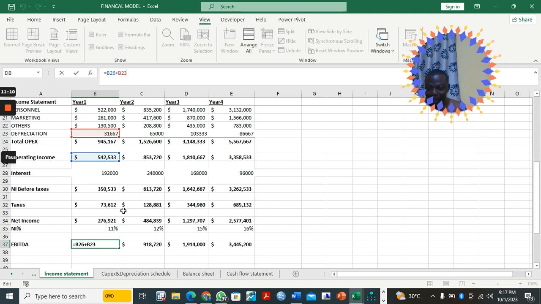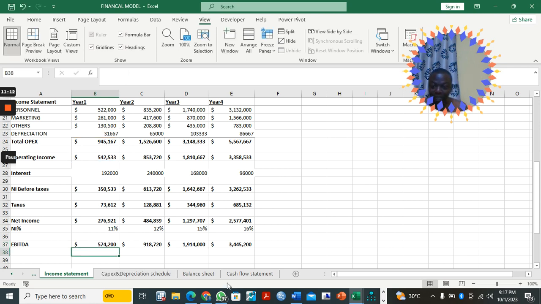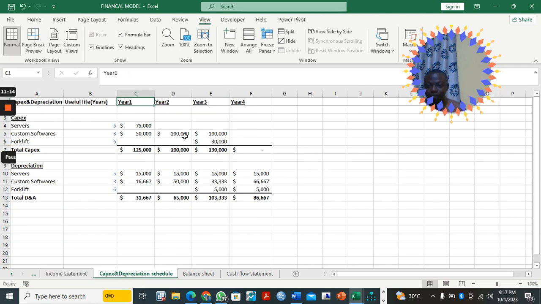That's why we're adding that back. To get our depreciation, we come to the CAPEX schedule, which I've prepared here. These are the useful life, the number, and then these are the cumulative depreciations for the various years.